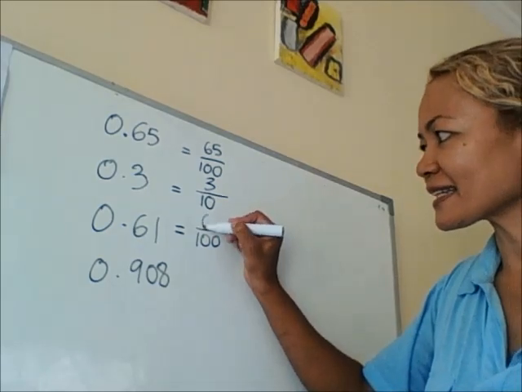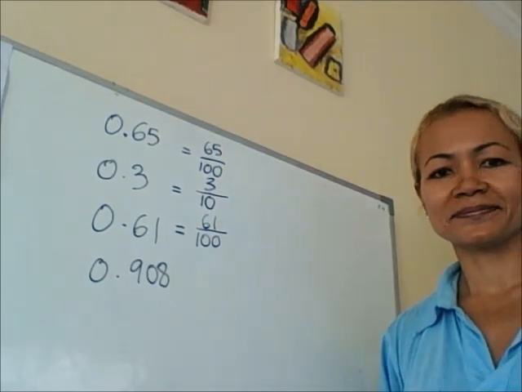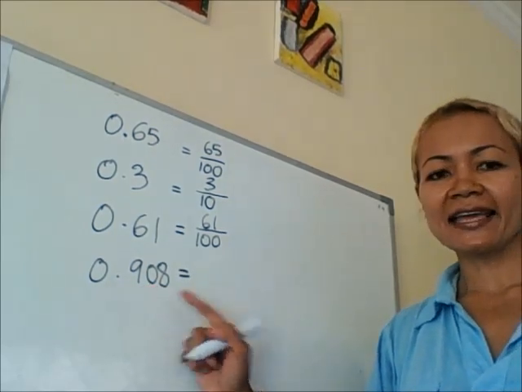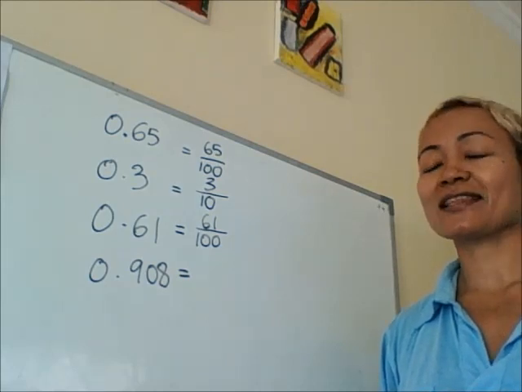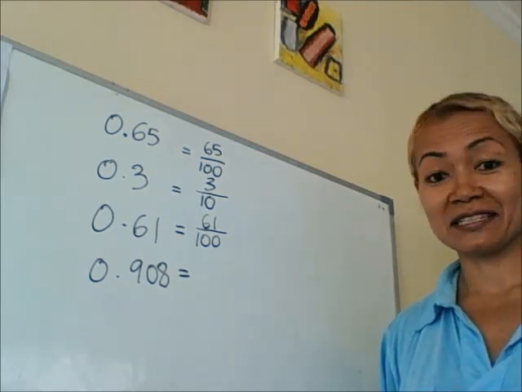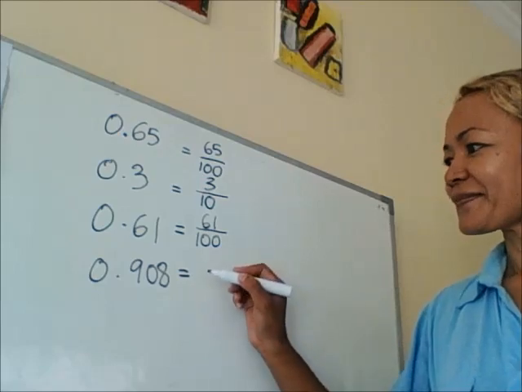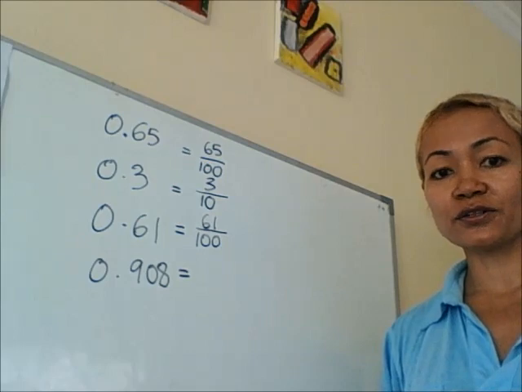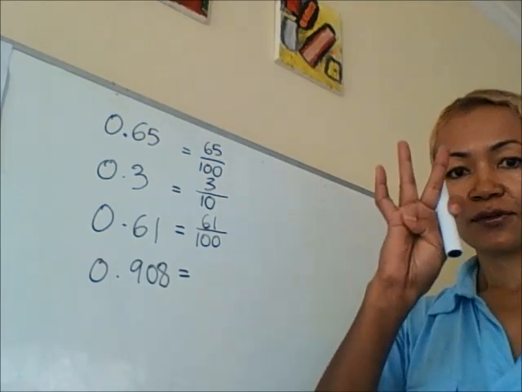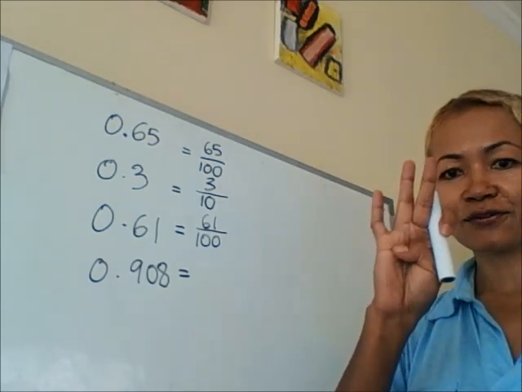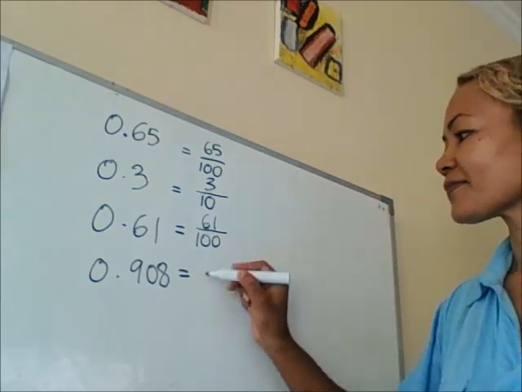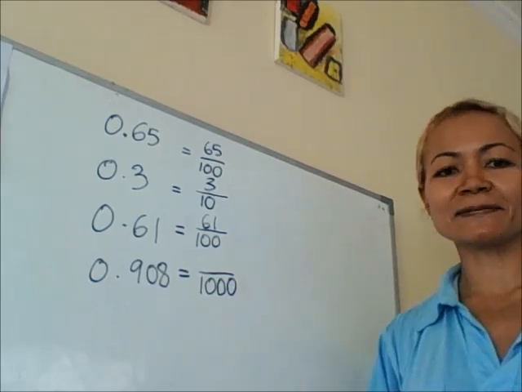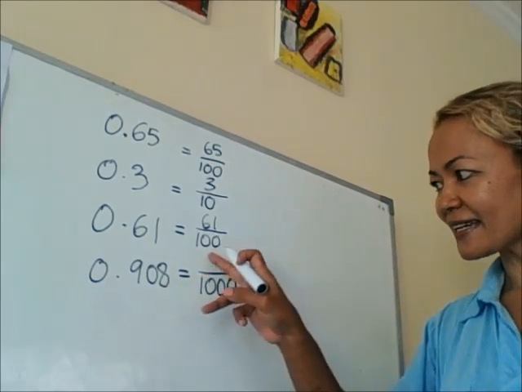That 61 slides straight onto the top. And the last one, 908 thousandths, it's a bit difficult to say. 1, 2, 3 columns after the decimal place. So you know your denominator will have 3 zeros. 1 followed by 3 zeros, so you're 1,000 there. And that 908 slides straight onto the top.